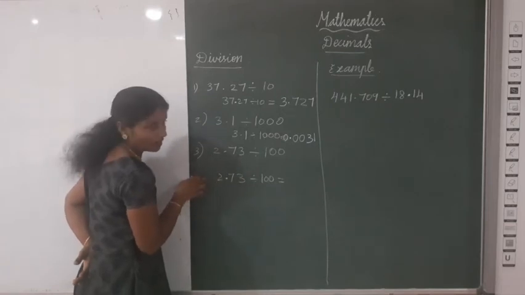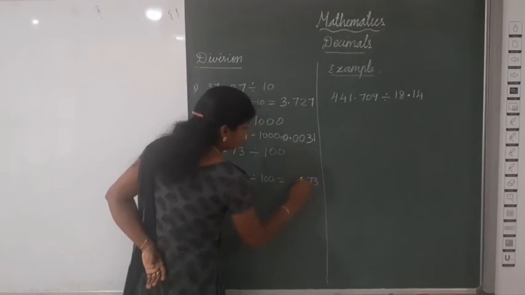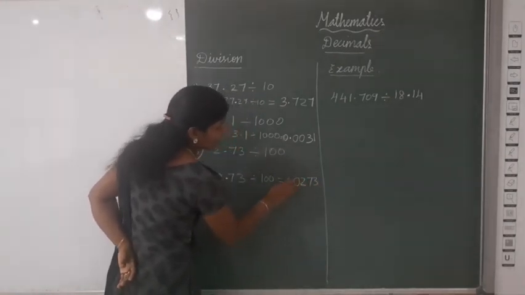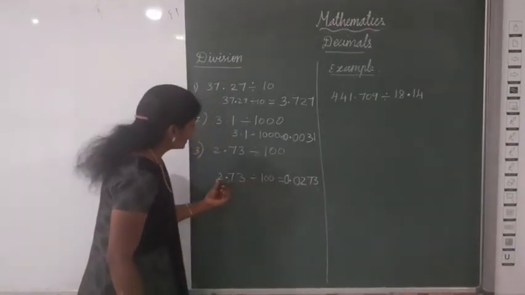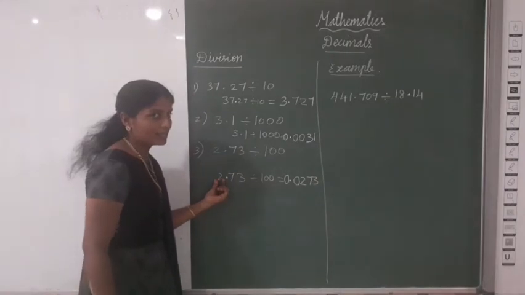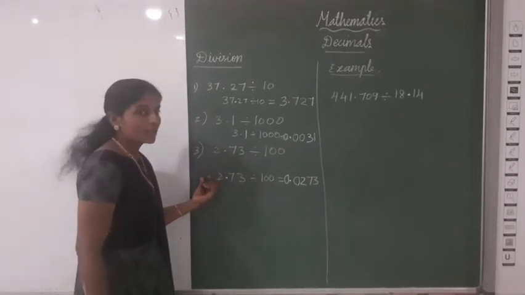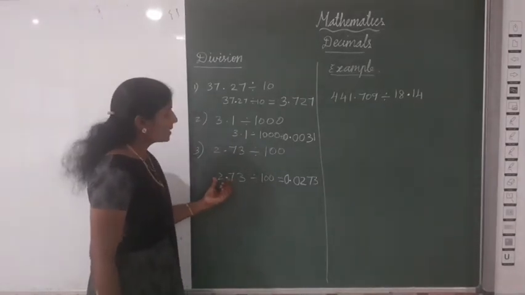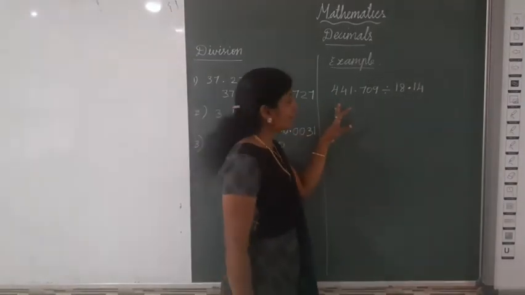Then we put the point, then 0. So the answer is 0.0273. Move the decimal point 2 places to left. Clear? Now next example.